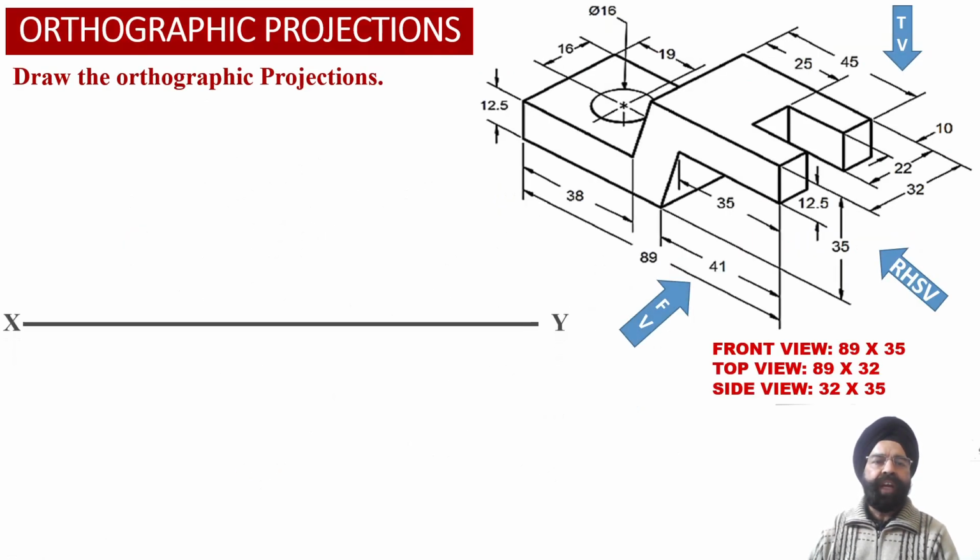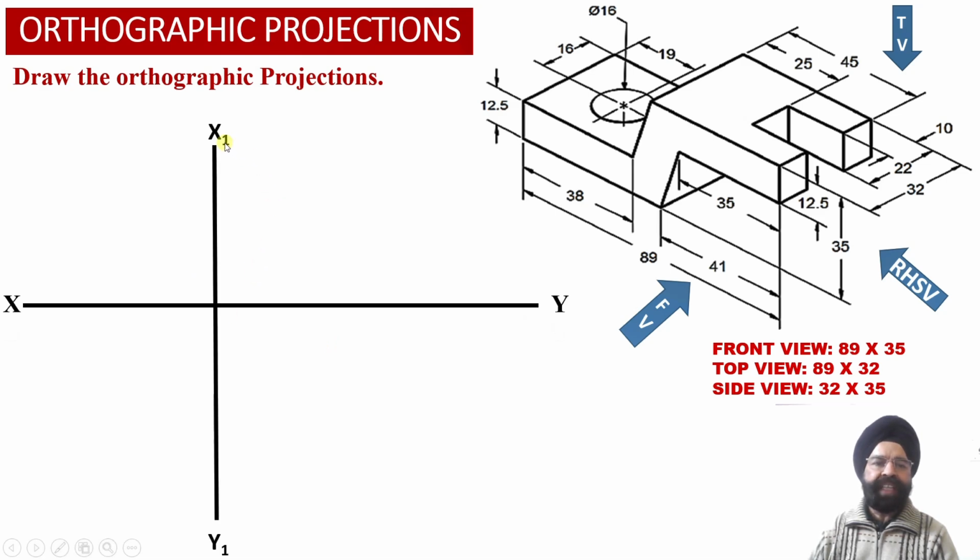Now we are going to draw the XY reference line and the X1, Y1 reference line, and we have also drawn a transfer line originating from the intersection point of the XY reference line and the X1, Y1 reference line.